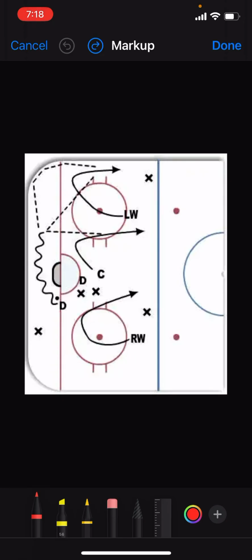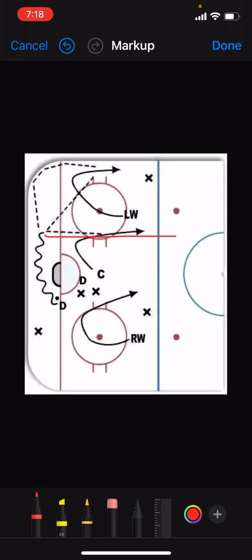But I don't like the way he drew the centerman's route either. I didn't like the way the wing was, and I don't like the way the centerman is drawn in this one. That might sound really precise, but the reason why is I want you to look at this pass right here. You see how vertical, straight up ice that pass is?